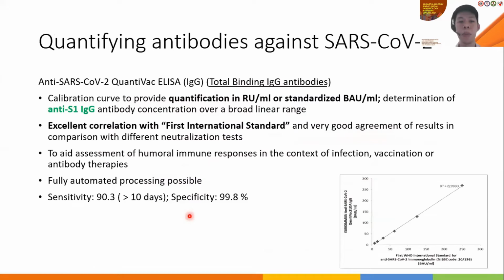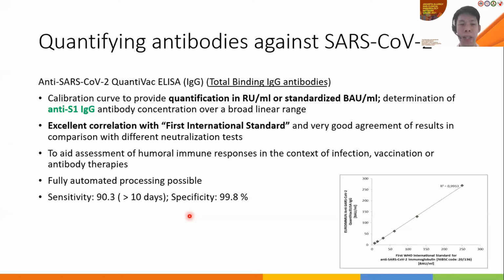Let me first introduce what we should do after vaccination or even post-exposure to the virus, and what kind of product people can use to understand whether antibody levels are present in the patient. At EUROIMMUN, we have a product called the ANTI-SARS-CoV-2 QuantiVac ELISA. This measures total binding IgG antibodies.